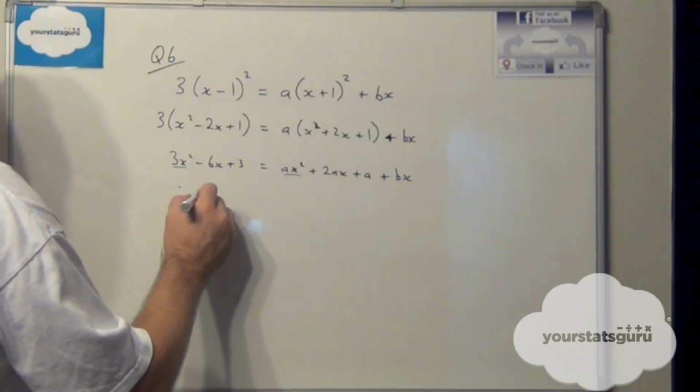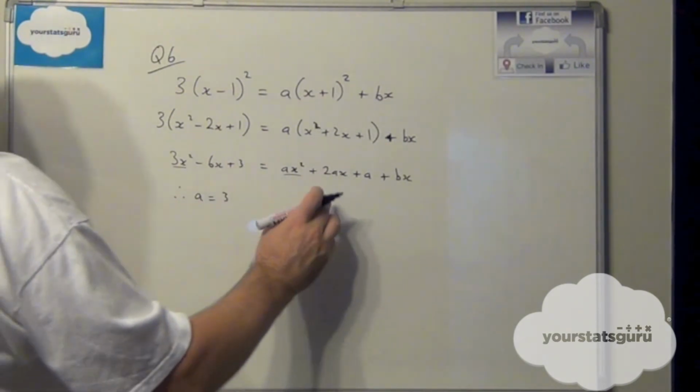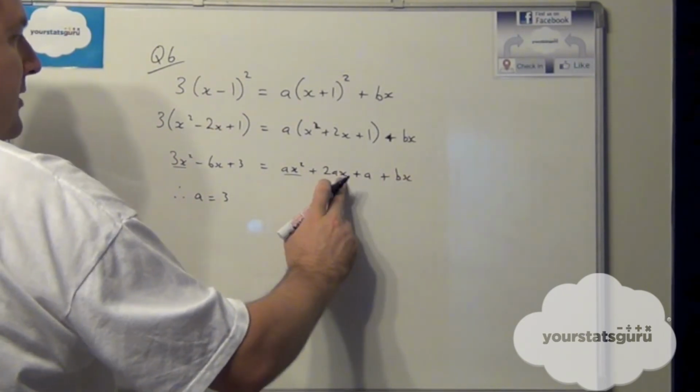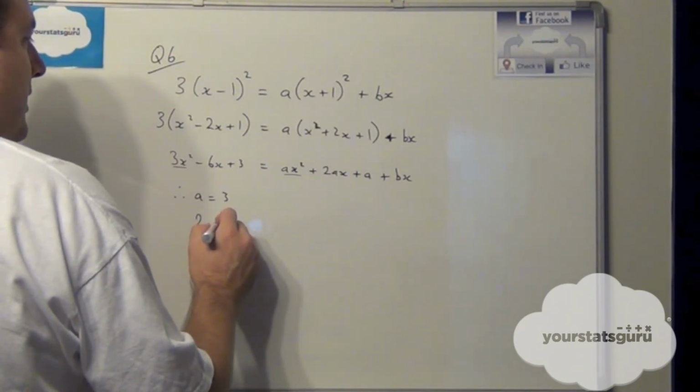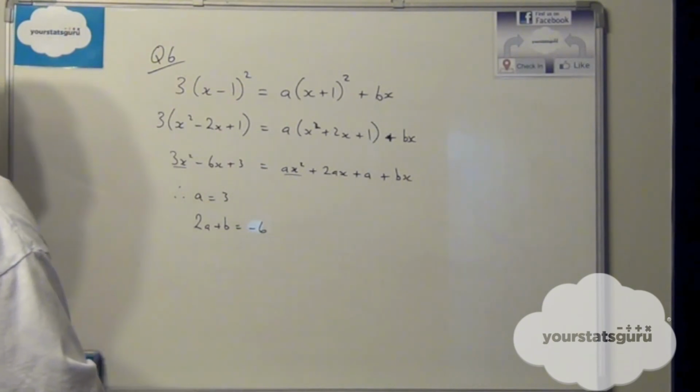Therefore, a is equal to 3. There are two terms on the right hand side involving x. So what that tells me is 2a plus b is equal to -6.